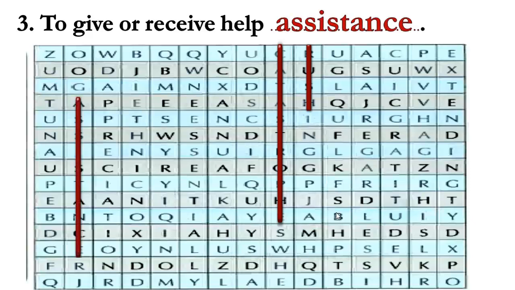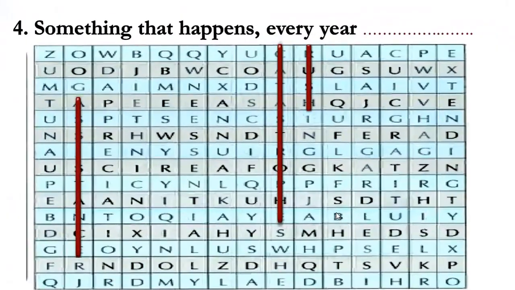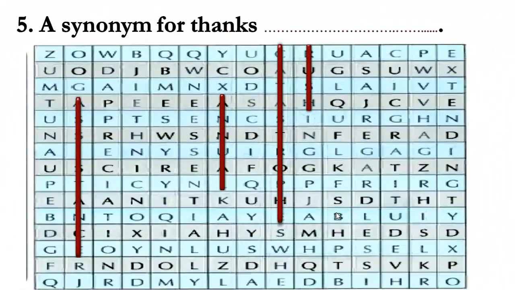To help someone, to give him assistance. Okay. Number 4, something that happens every year. Something that happens every year, it's annual. Okay, annual.